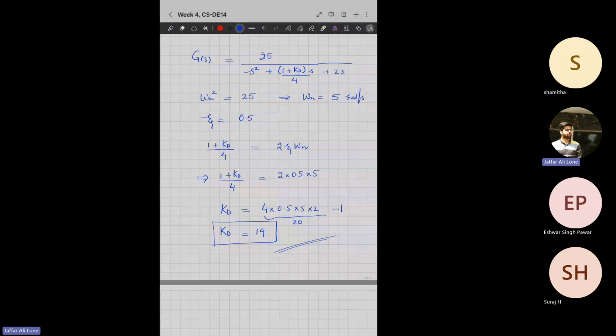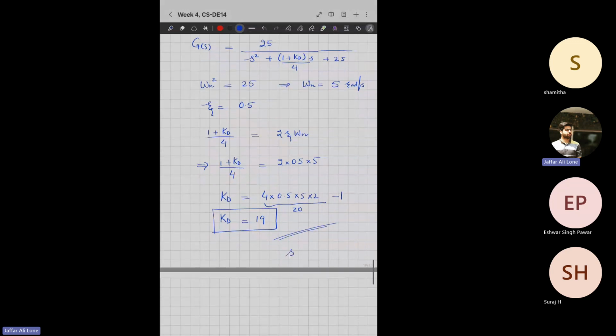If it is a second order system, I'll just make it clear. Second order system, 2 zeta omega n s and omega n squared. The coefficients of this second order system should be non-zero and of the same sign.